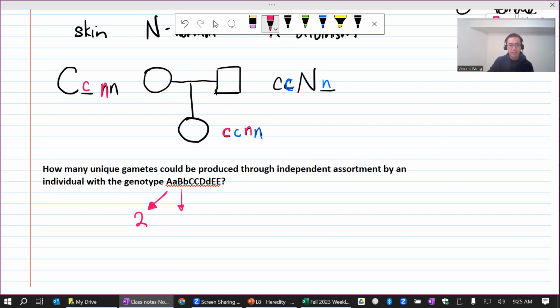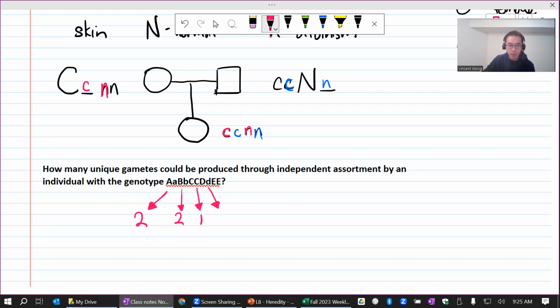For B, same thing. Big B or small b. Two combinations. For C, one combination, because it's big C. You either pass on the big C or you pass on the big C. You don't have a choice. You just have one version of the gene.